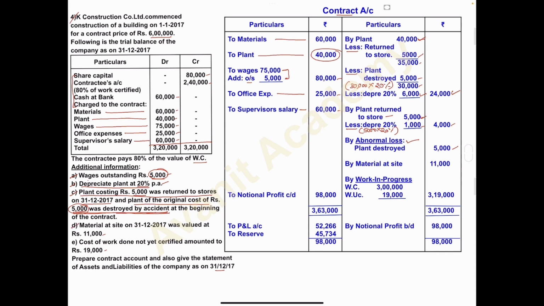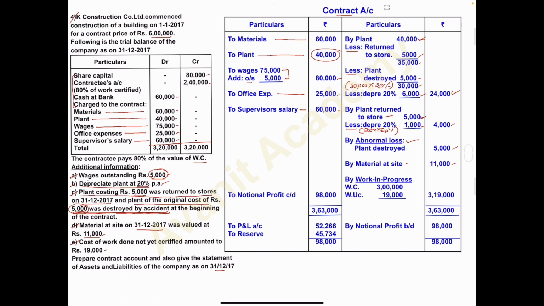Read the point D. Material at site on 31st December 2017 was valued at 11,000. Closing material we will take on credit side. By material at site amount 11,000. Next, E. Cost of work done not yet certified amounted to rupees 19,000.